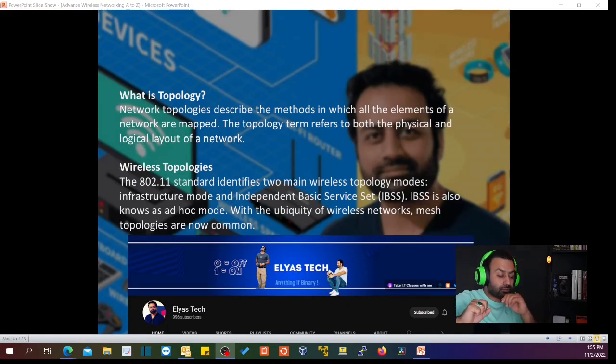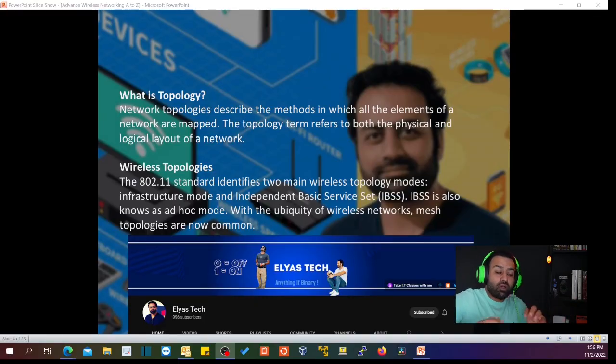Remember that, because when you work as a wireless network engineer or wireless network admin, sometimes the CEO or your IT project manager will ask you, hey, do you mind sending me the topology of the wireless that you have? Even if you work as a network engineer or network architect, you probably need to know which kind of topology you implement inside your office or the company that you're working for. Even at home, you are using a certain type of topology that we're going to discuss in this lecture.